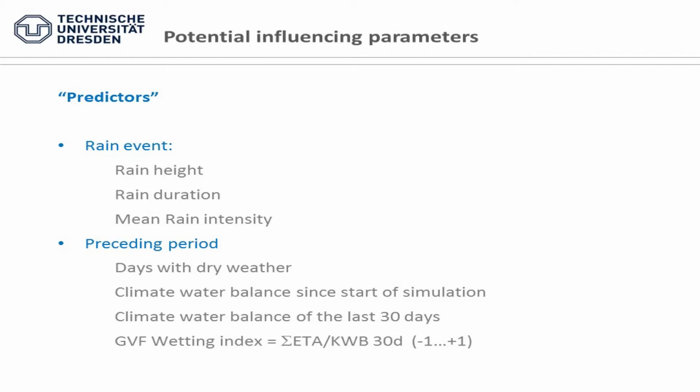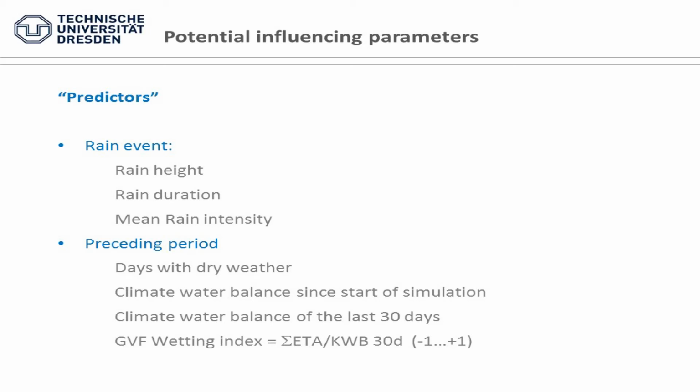So we tried to look at predictors, and we went through a correlation exercise. We looked at rain height, rain duration, rain intensity, mean and maximum intensity. We looked at the preceding dry weather period, days with dry weather before, being an indicator for low base flow in the river, for high concentrations in the sewage.